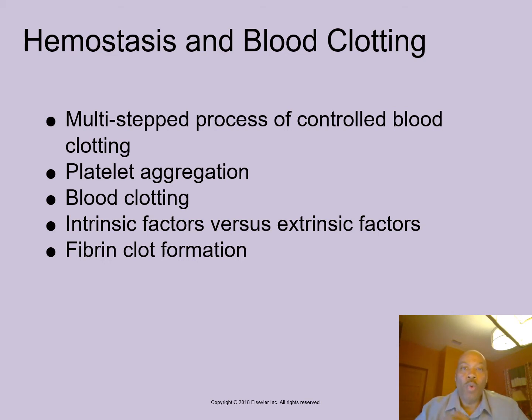Once this platelet plug forms, the main clotting process, which we refer to as the blood clotting cascade, will begin to kick in. And of course, the end result is the formation of a complete fibrin clot, that clot that will stop any bleeding in these patients who might be injured.